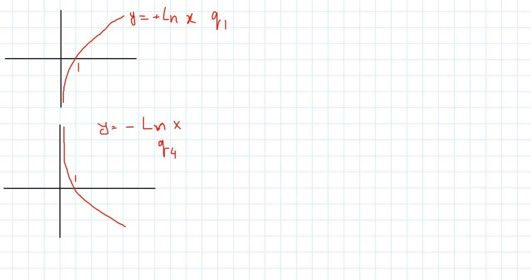Now we draw y equal exponential x. On the exponential we only have the horizontal asymptote, and it passes through 1. Y equal positive e to the power x. So look, the x sign is positive, y is positive, so it should finish in quarter number 1.